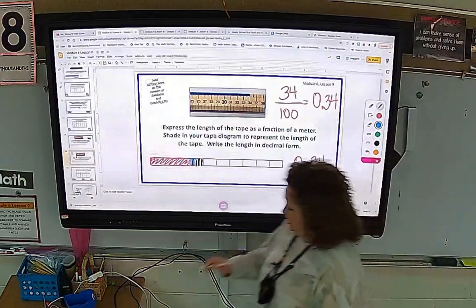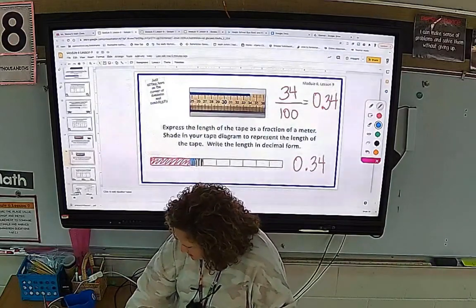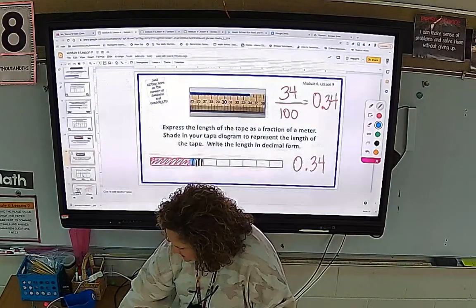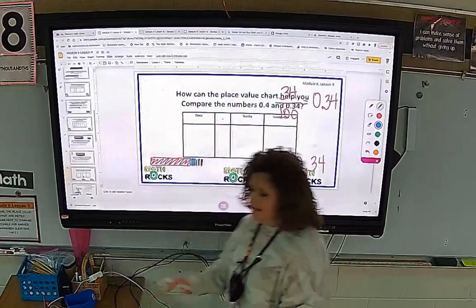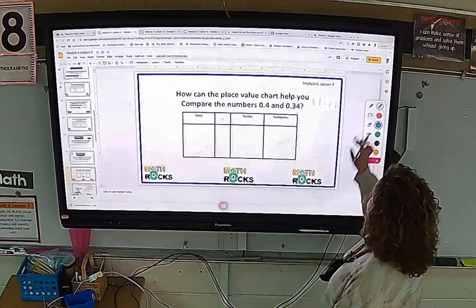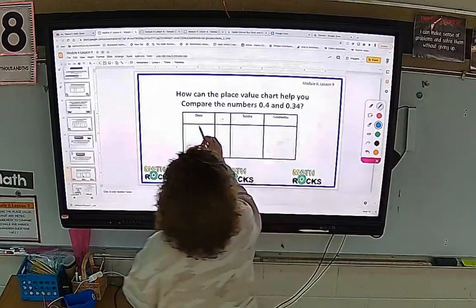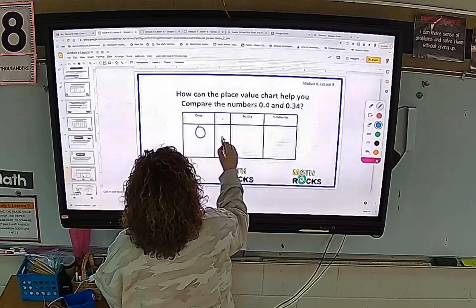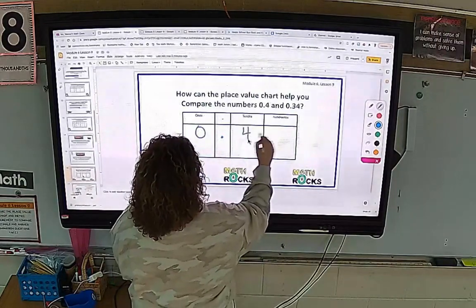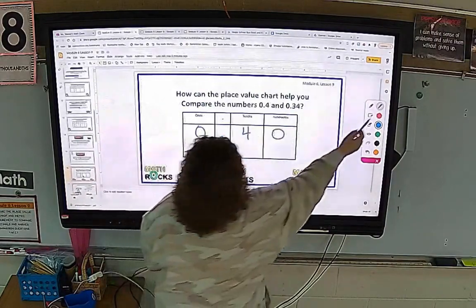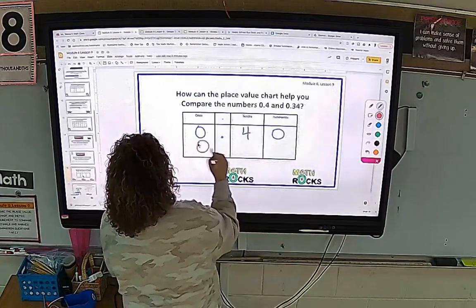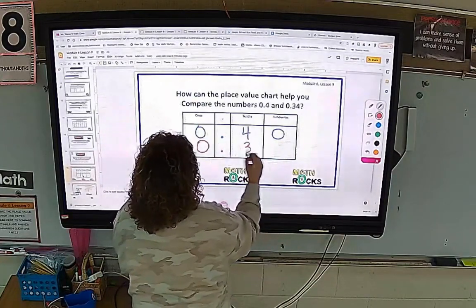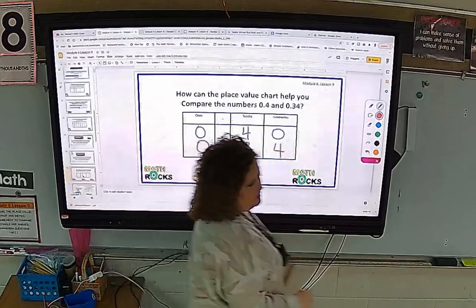So, what you're saying is, let's put these numbers on our little handy dandy place value chart. What you're saying is 0.40 is larger than 0.34.